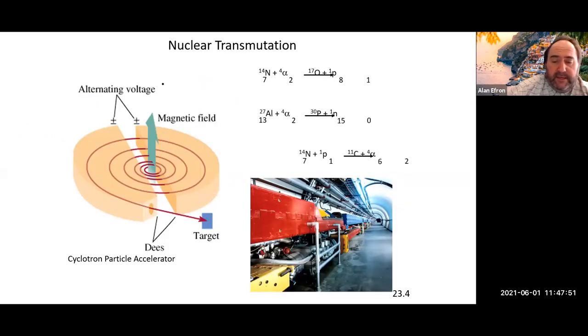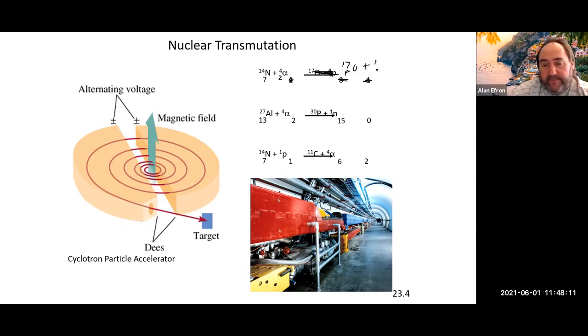The process sometimes referred to as nuclear transmutation is when we shoot a particle at something and it becomes unstable. One way we could do that is to use something like a particle accelerator, like is pictured here. You put the particle in, with a magnetic field and electrical field spinning it, and then you can target it at a particular isotope.